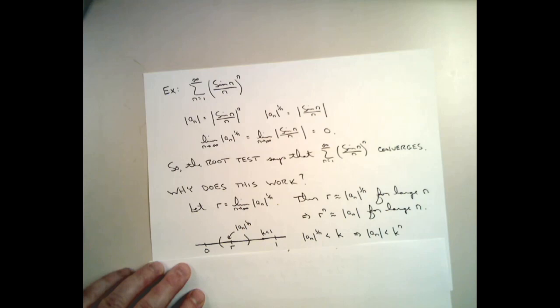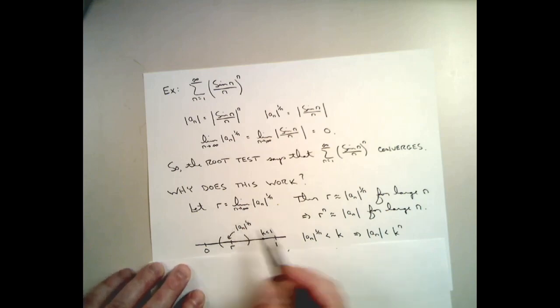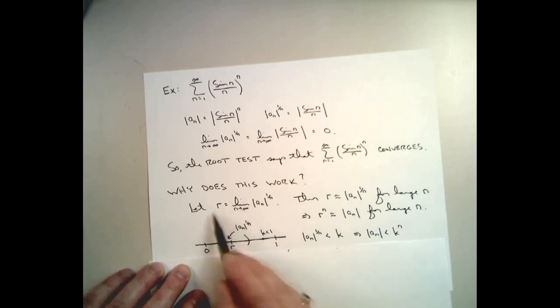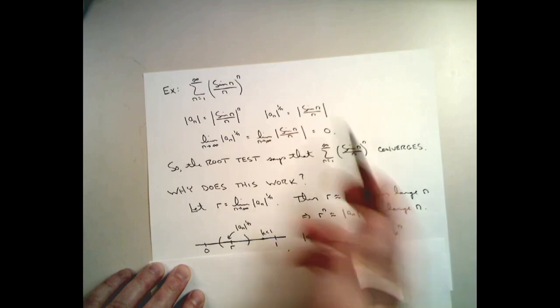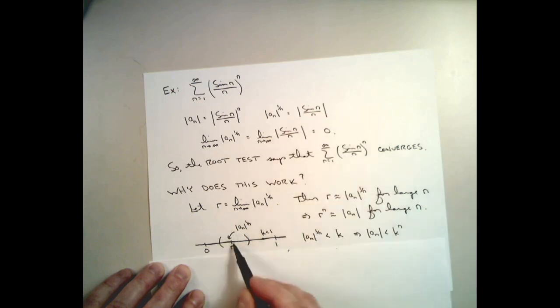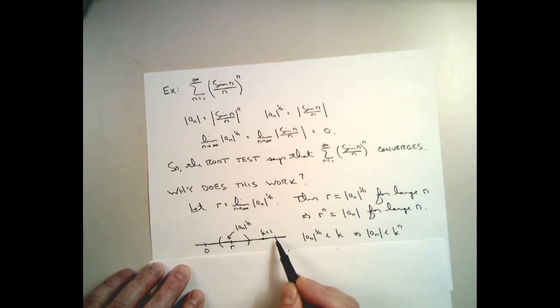Let's draw a picture similar to what we had before. So this limit being equal to R, and we had R being less than 1 up here. Whenever that happens, since R is less than 1, I can find an interval that doesn't contain 1, that is going to contain all of the nth roots of a sub n for large n's.